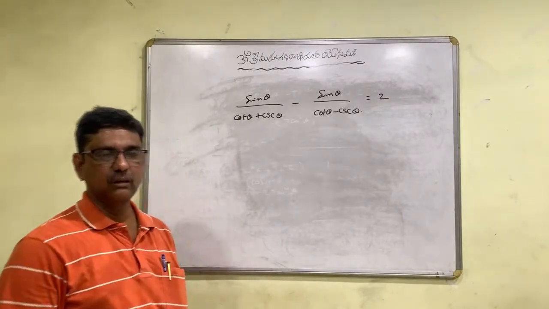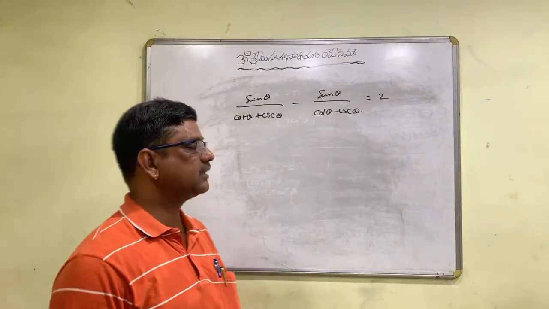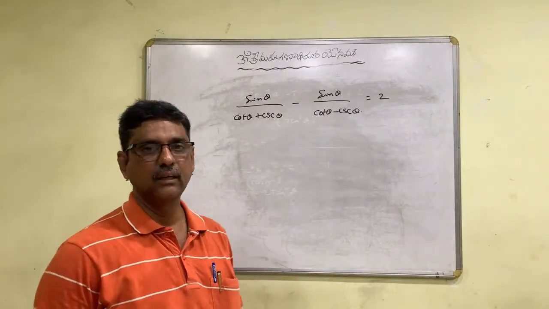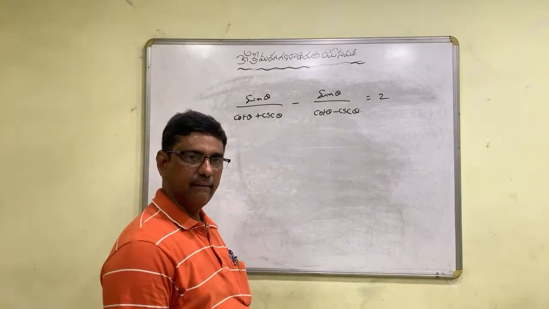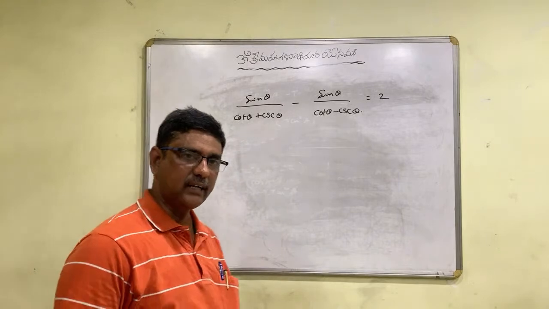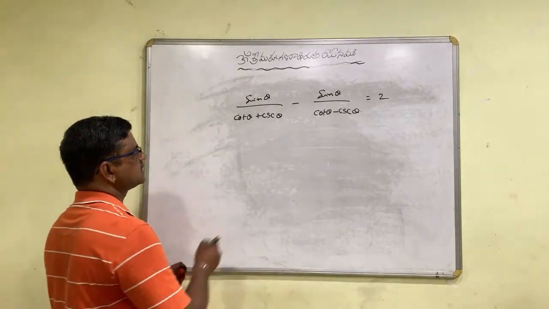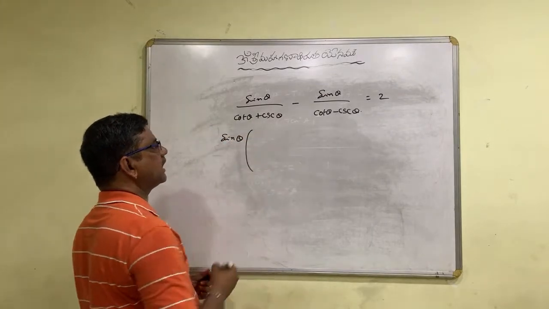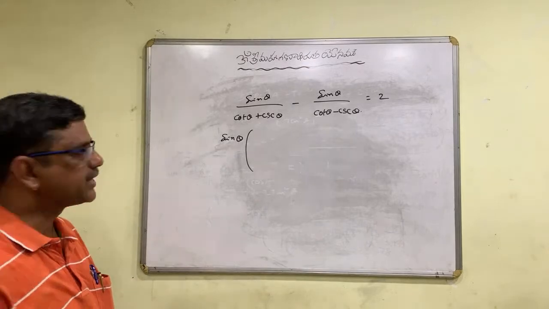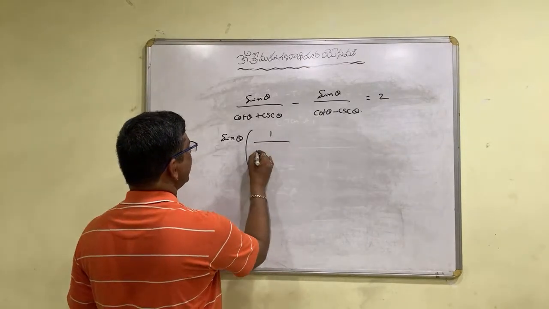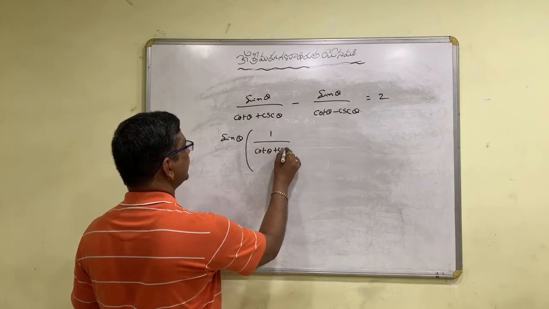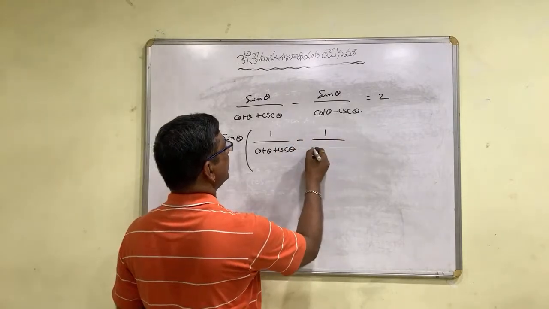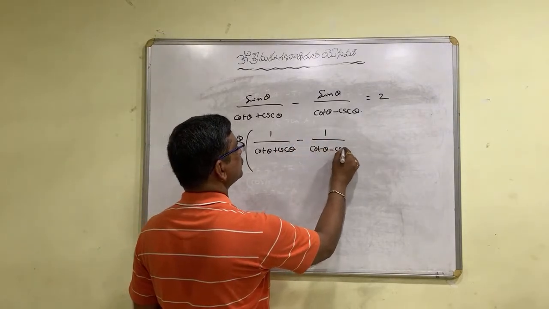How to do this? It looks like a big sum, but it is simple. Can I start? Okay. Just see what I am doing. I take this sin theta common initially. What I am left with is 1 by cot theta plus cosecant theta minus 1 by cot theta minus cosecant theta.